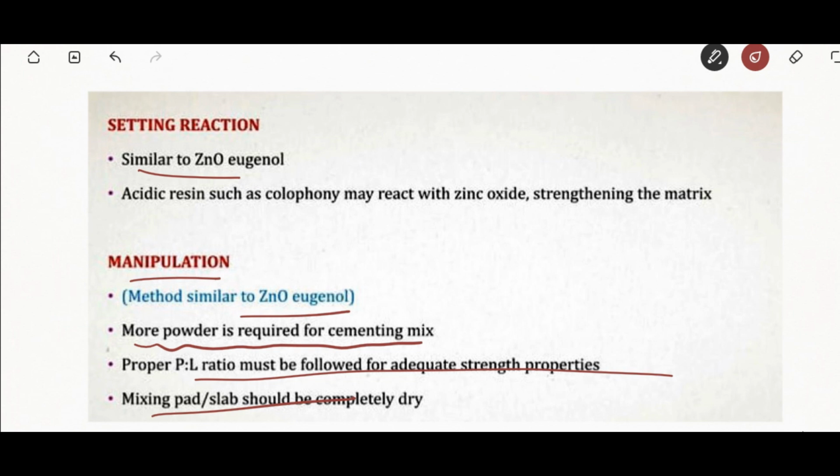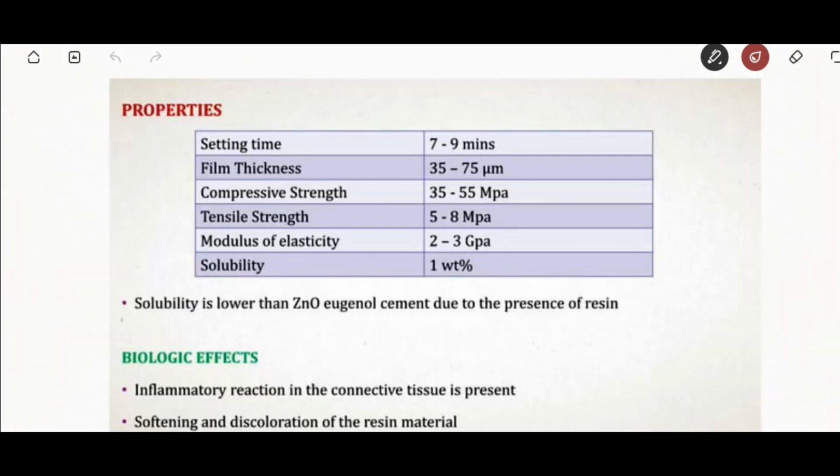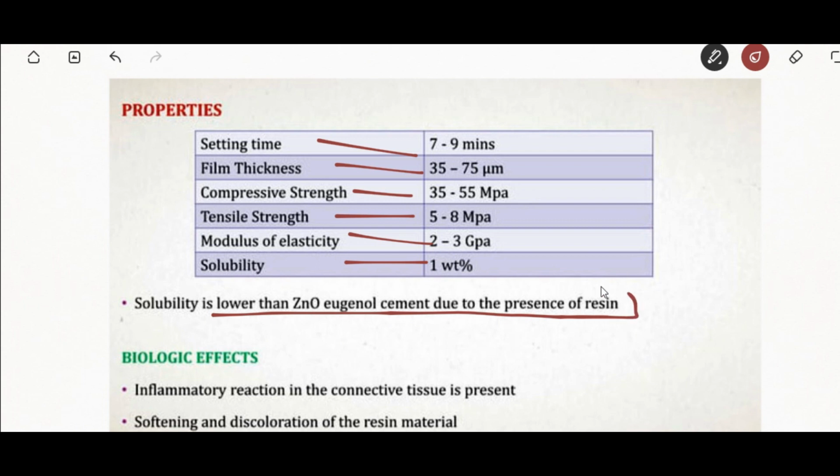These are the properties of the reinforced zinc oxide eugenol cement. The solubility is lower than that of zinc oxide eugenol cement due to the presence of resin. These are the advantages and disadvantages.